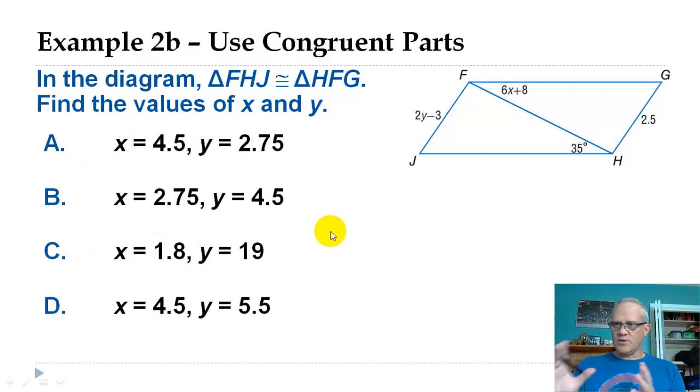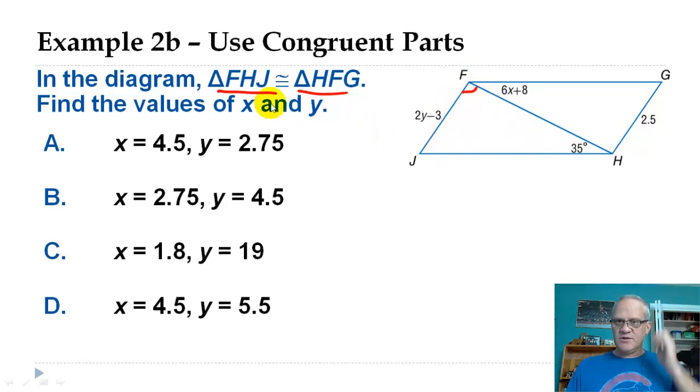Okay, again, things are situated a little bit differently here, but we do have a congruence statement. Here we've got this. So we know which ones are supposed to match up with each other. So F is supposed to match up with H. Okay, so well now you notice some of these are in 2 different triangles, so we've got to be careful here. So FHJ, in this triangle, F, I'm going to mark that as the first one.